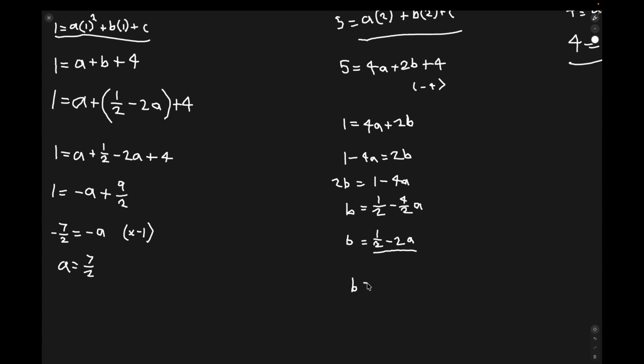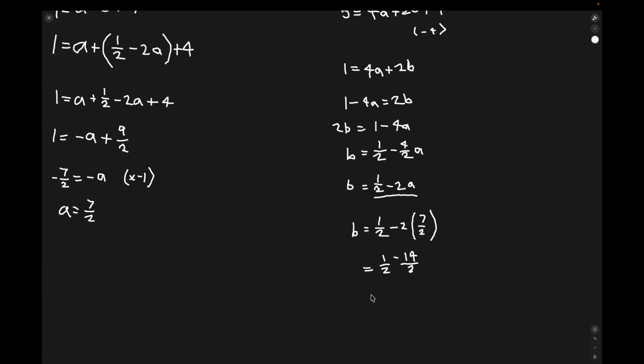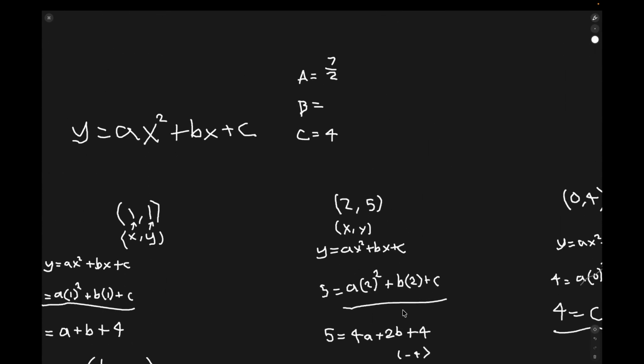So b is going to be a half minus 2 times 7 on 2, which is 14 on 2, because the 2 is times by the 7. So 1 minus 14 is going to be negative 13, so b is equal to negative 13 on 2.